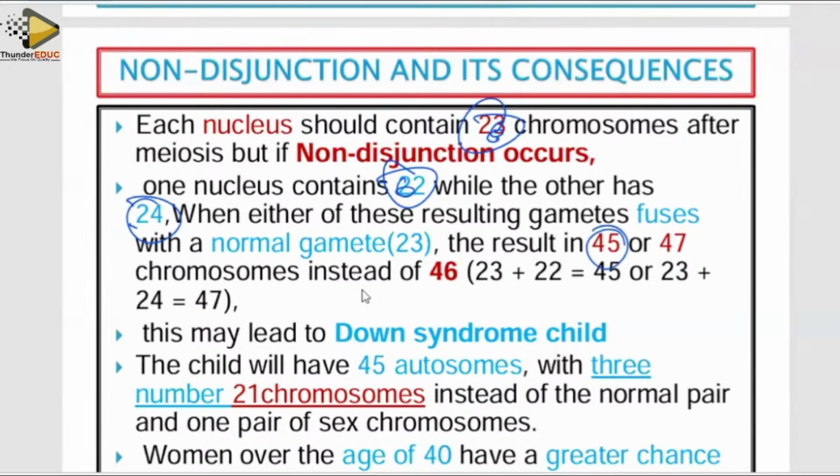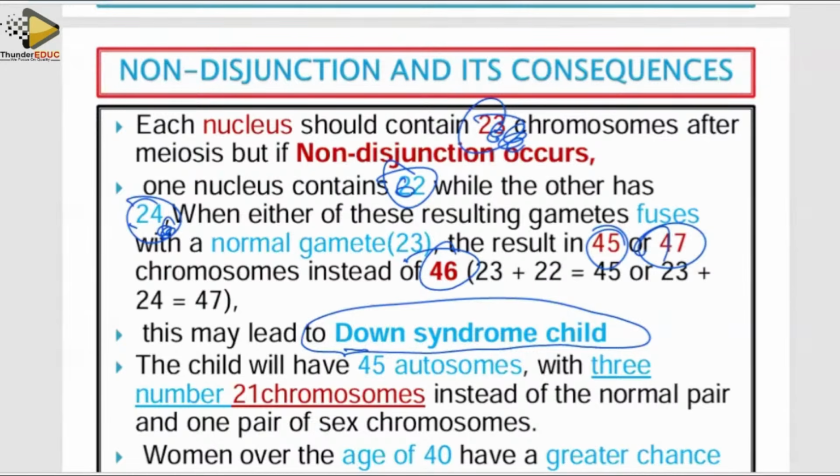If the 24 one fuses with the normal gamete, it's going to be 47 instead of 46. If this happens on chromosome number 21, it is called trisomy 21 or Down syndrome. This is very common in people who are aging.